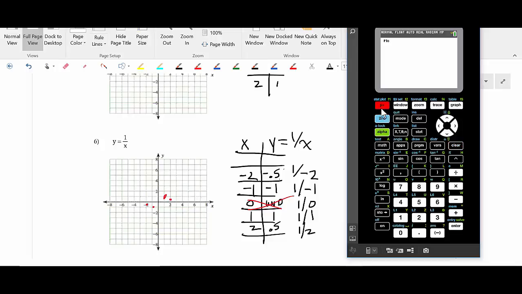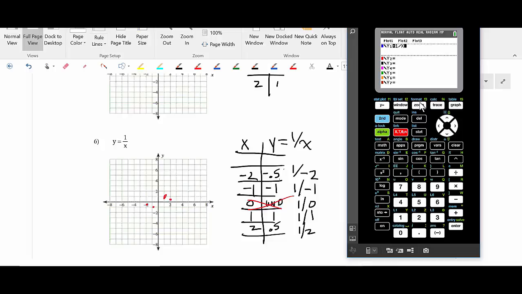Okay? So we're going to press y equals, and then you're just going to put 1 over x. So we just put in 1 divided by x. This is your variable key right there. That will always type the variable for you. Okay, now if you want a standard window, that means you would go -10 to 10 in both directions.